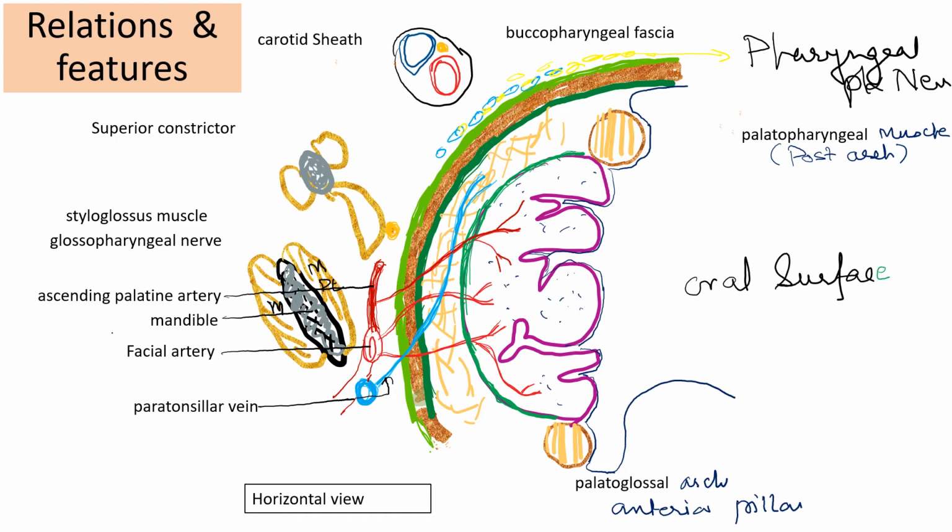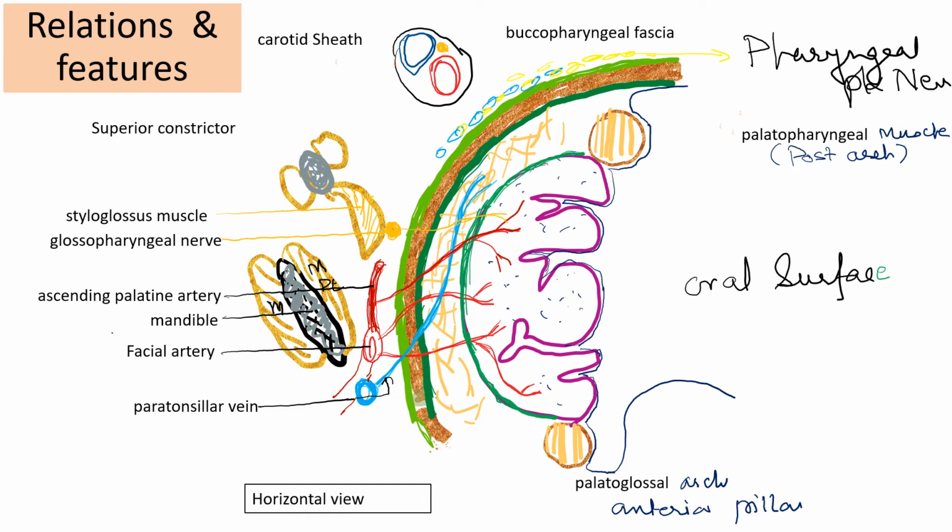Then we have a relation with the glossopharyngeal nerve in this region. This is the glossopharyngeal nerve, which is related lateral to the tonsil, and it will send branches to supply the tonsil. This muscle is the styloglossus muscle. And the glossopharyngeal nerve lies just medial to the styloglossus muscle.